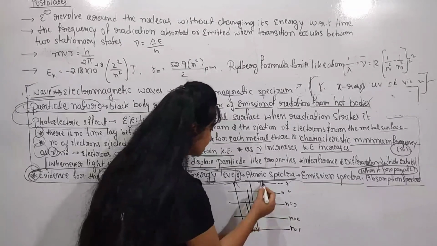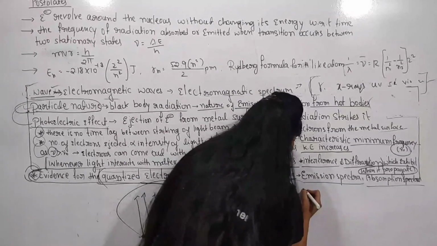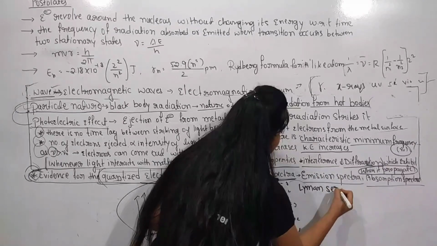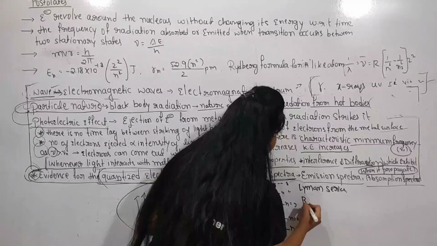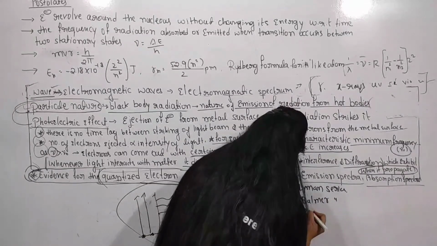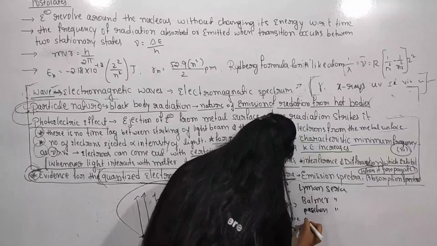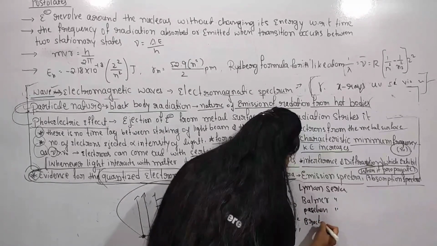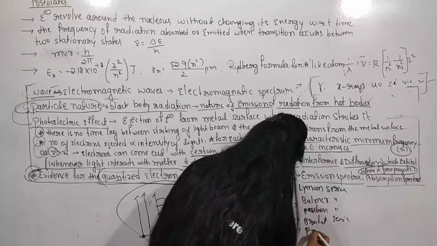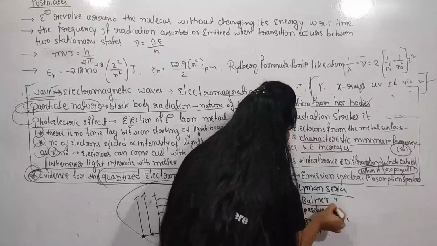Like this, we get some sets of series: Lyman series, Balmer series, Paschen series, Brackett series and Pfund series. The Balmer series is in the visible region for us.